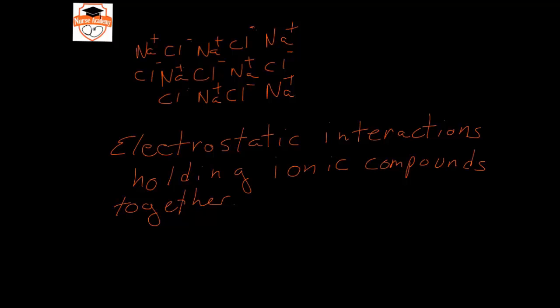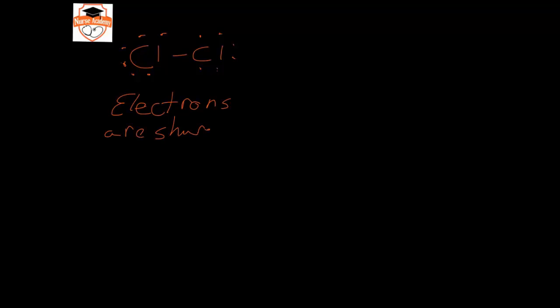But we haven't discussed what happens when you have a covalent bond. So if you have a covalent bond between two of the same atoms, here we have chlorine gas, a molecule of chlorine gas, and atoms of chlorine will bond with another atom of chlorine. And the greediness of these two atoms is roughly equivalent. And so the electrons are shared equally.